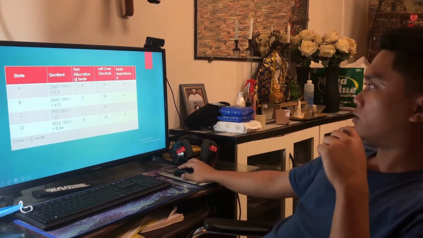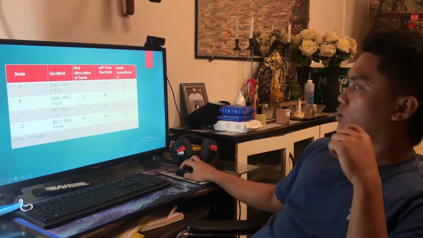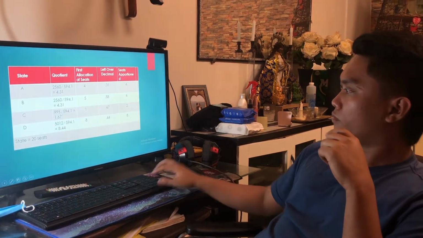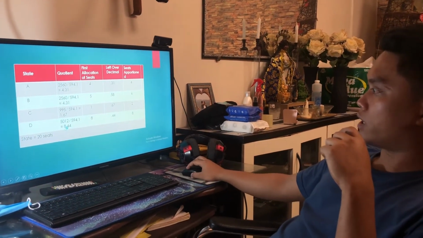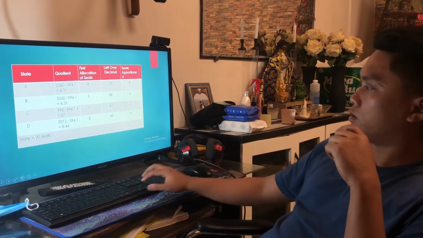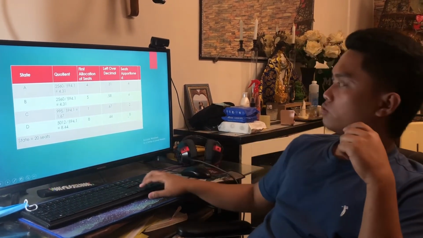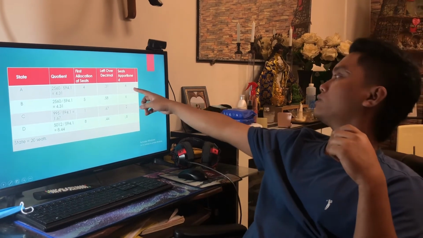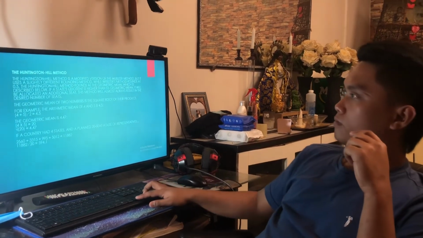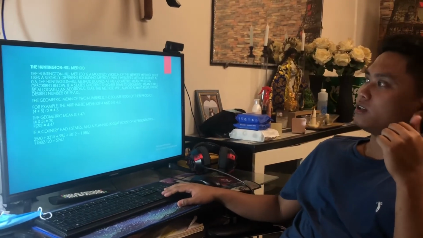This is the answer for the first allocation of seats, 8, and the leftover decimal here is 0.44. The total equals 20 seats because we add A, B, C, and D together. So this is the Huntington-Hill method.